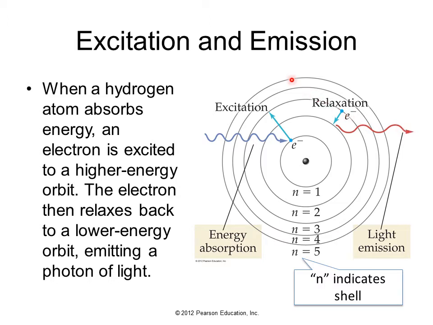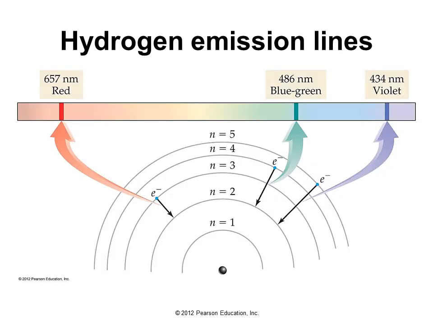Of course, if it jumps from this level to this level, you're going to have much more energy release, and it'll be a very short wavelength. So the energy shows up as a line in the spectrum. Here, in fact, is an explanation. When an electron jumps from n equals 3 to 2, that's not a whole lot of energy. It's in the red.